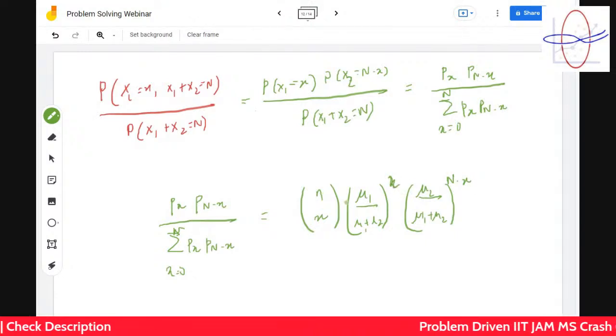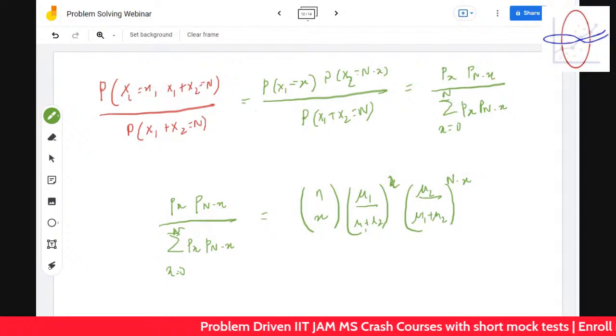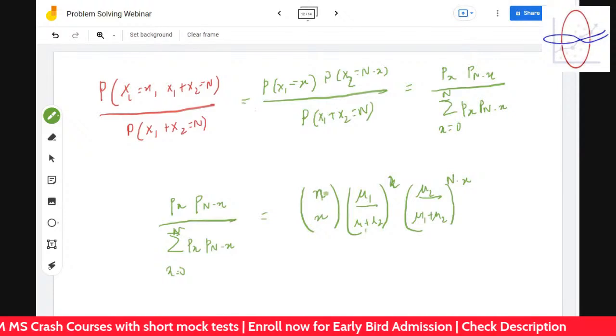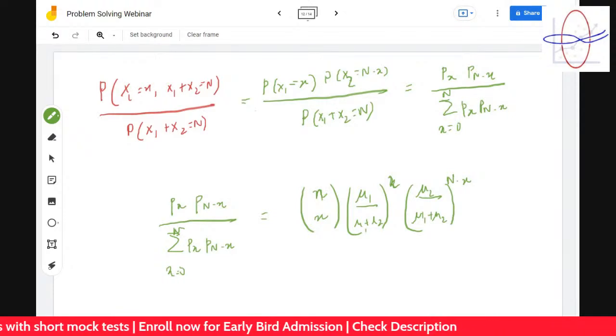Is this always holding? Because the logic we are using, we're not using any property of Poisson per se. So why is this true for Poisson? What is the property of Poisson we are using? This is something I will leave you to think about.